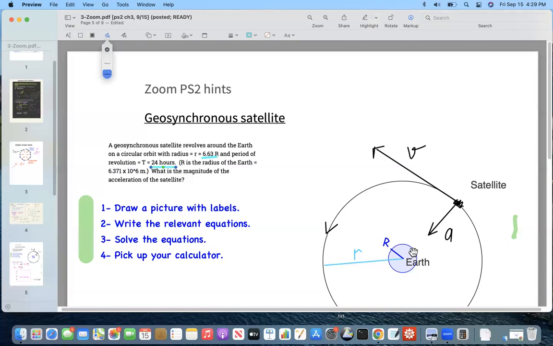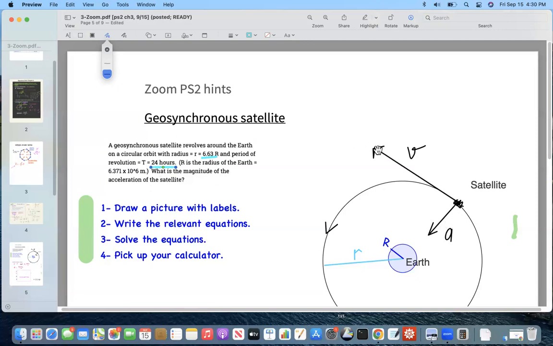It'll be over the Earth's equator, and it'll always be in the same position as the Earth rotates, if the time to go all the way around is exactly the time to rotate, 24 hours. Then the question is, what's the acceleration?